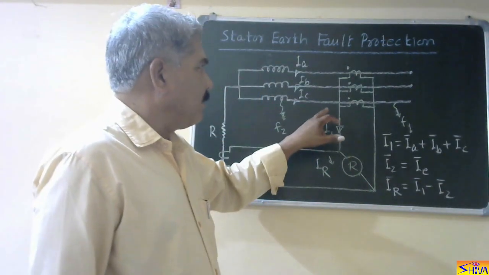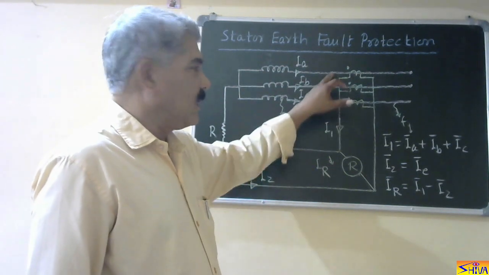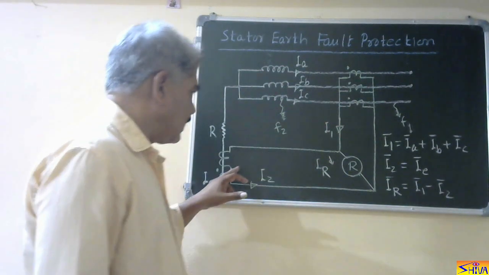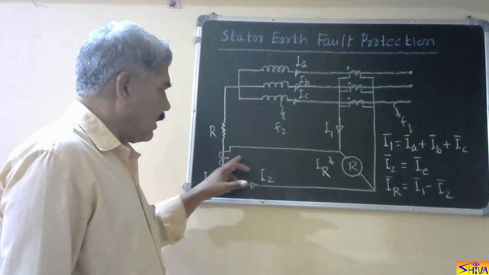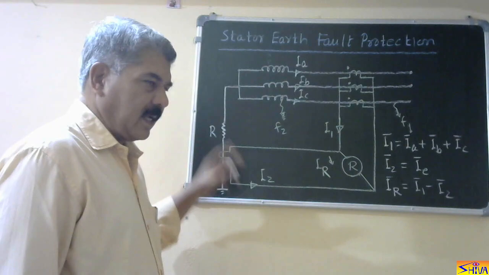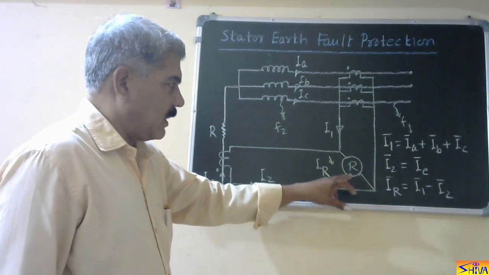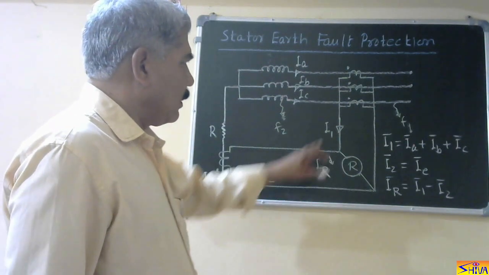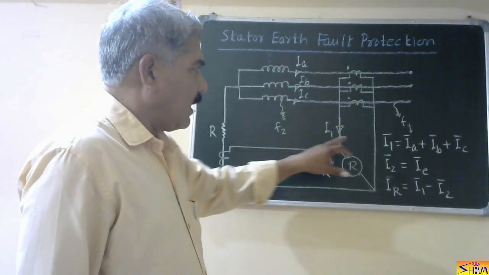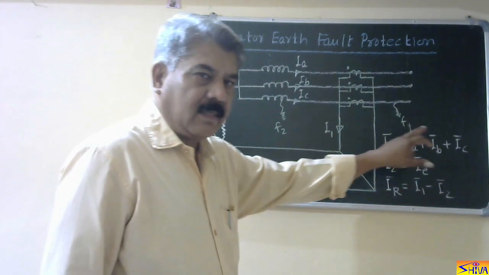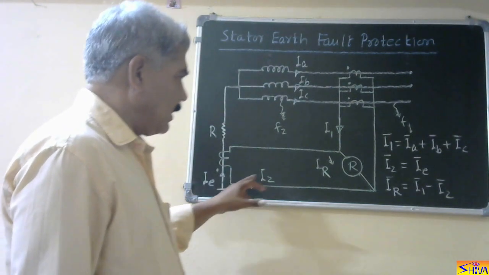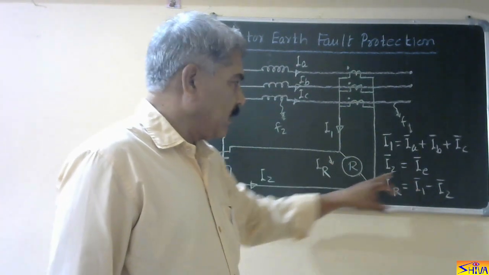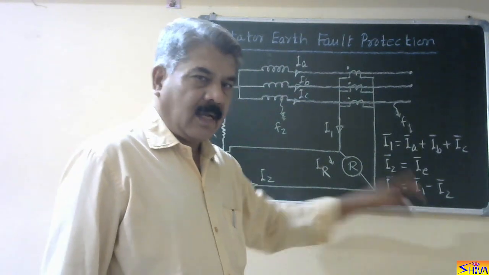In this scheme, we are using 3 CTs like this. One CT we are using in this neutral grounding circuit and these CTs are connected like this. At this point we are connecting the relay. Now current I1 is equal to IA plus IB plus IC. This current is IE, so I2 is equal to IE, and relay current is I1 minus I2.